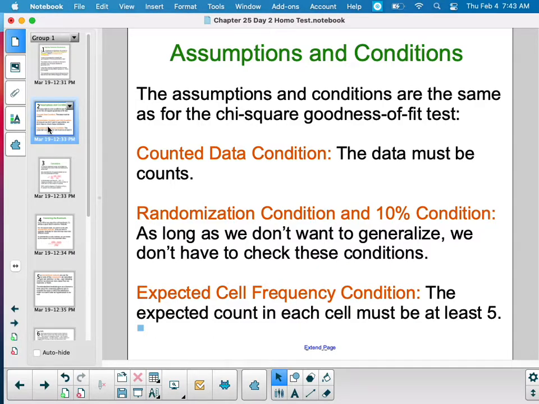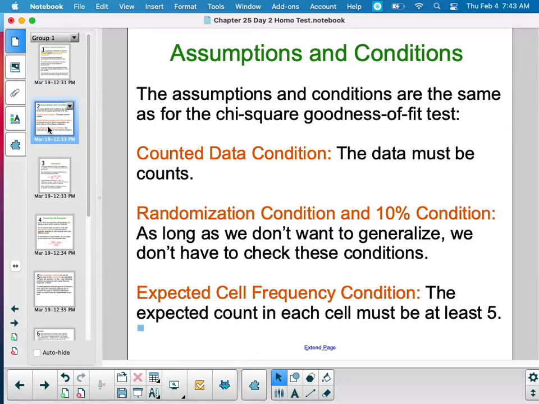Assumptions and conditions remain pretty much the same. The counted data condition is exactly the same as we had for goodness of fit. Randomization condition and 10% condition: as long as we don't want to generalize, we really don't have to check these conditions.